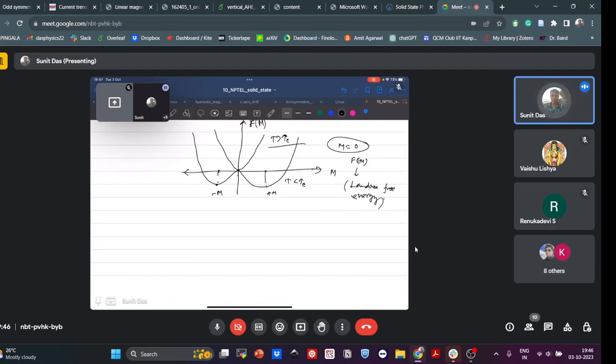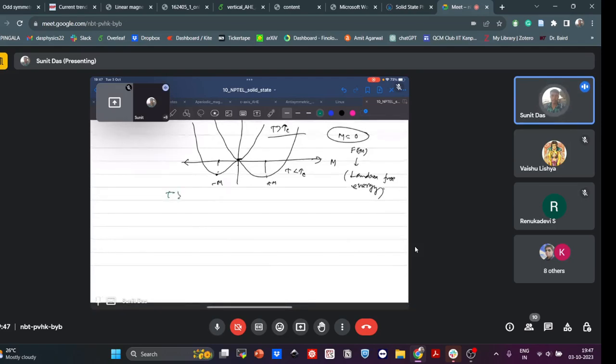So free energy becomes a minimum in the ground state. For T greater than Tc, m equal to 0 is the ground state.